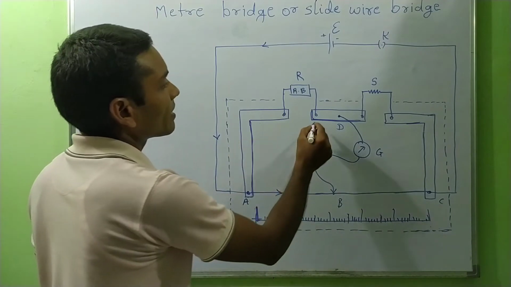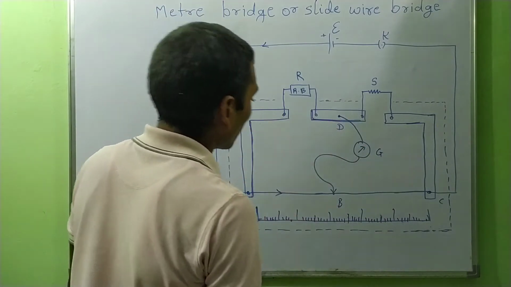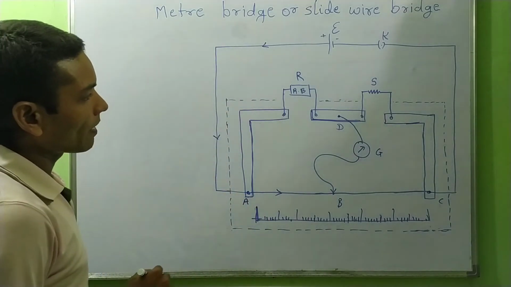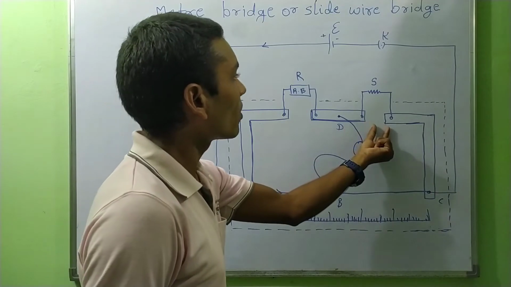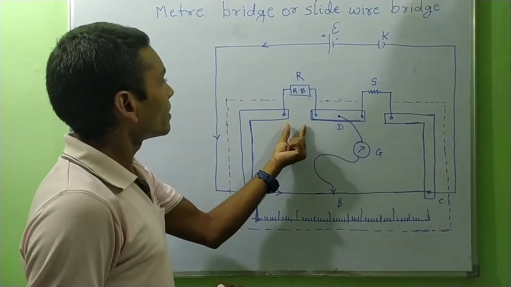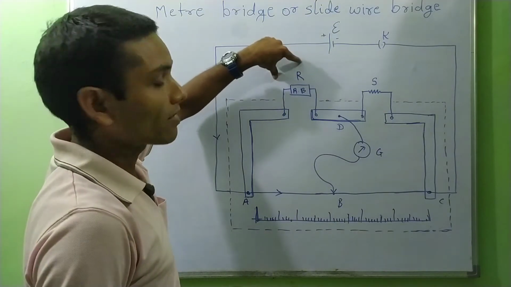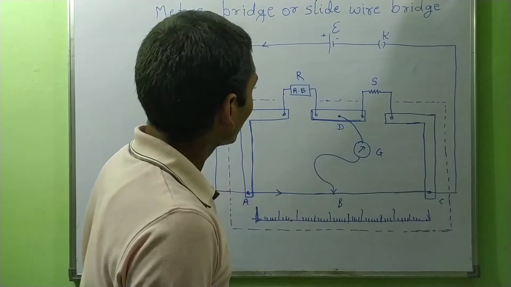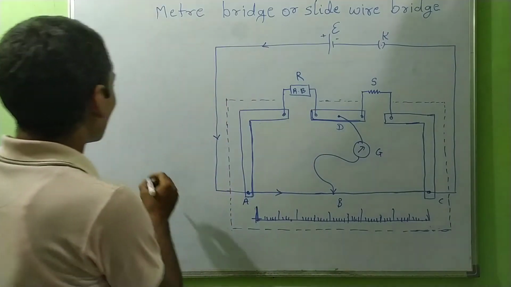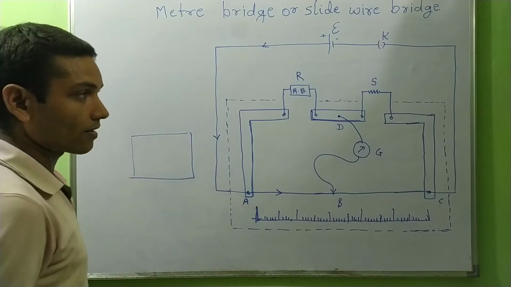Between the two L-shaped strips, another strip is taken. This is the first gap and this is called the second gap. In the first gap a resistance box is connected. What is a resistance box? Actually, a resistance box is a box of resistors.